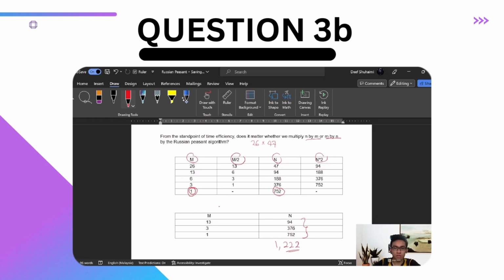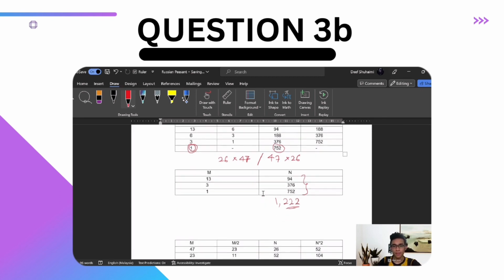So this question needs us to compare whether 26 times 47 or 47 times 26 affects the time efficiency of the Russian peasant algorithm, still using the same algorithm to compute the other question, which is 47 by 26.